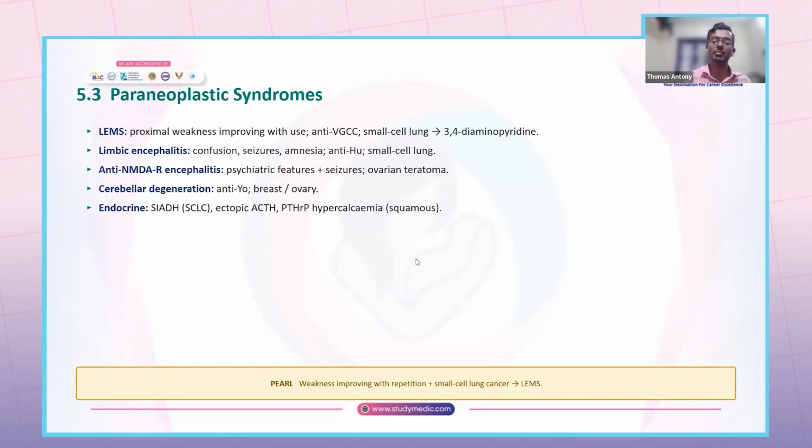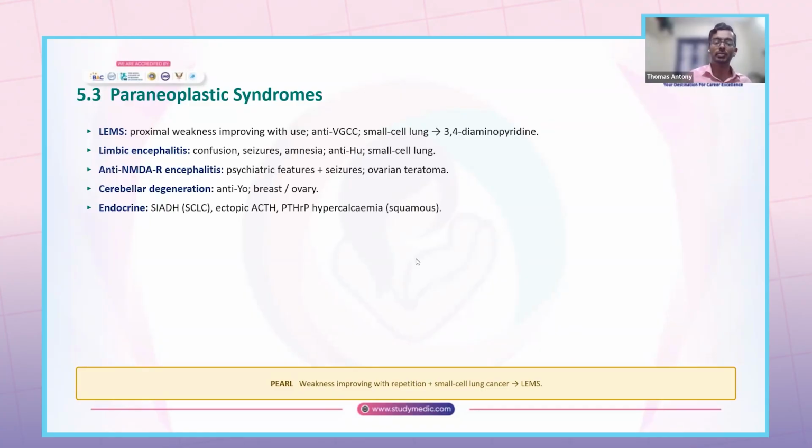So less calcium enters the nerve terminal, and as a result there is less release of acetylcholine. But after repeated stimulation, there is more calcium accumulation and more acetylcholine release, and the patient improves in symptoms. So this is the difference between LEMS and myasthenia, whereas in myasthenia, repeated use reduces the muscle strength.